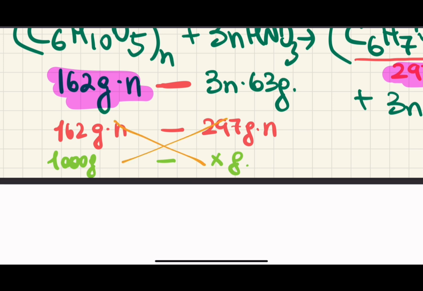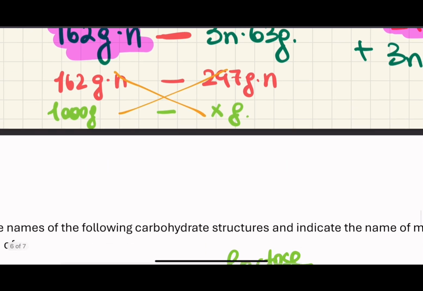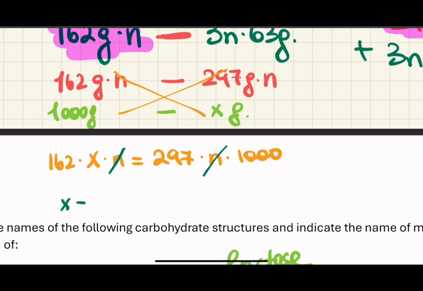Now you do this over that. This will give you 162 times X times N. This will give you 297 times N times 1000. Now N and N, they're just going to cancel out. X will be 297 times 1000 divided by 162.